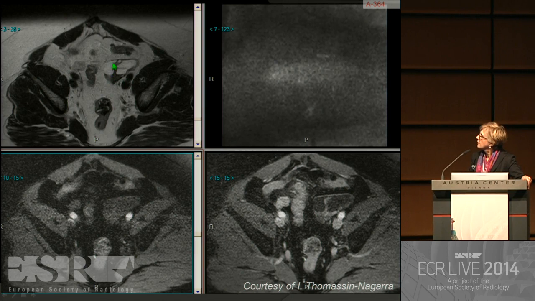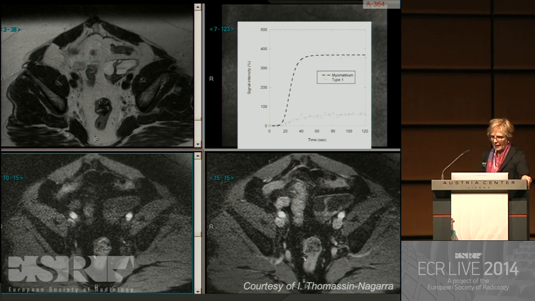It has thick septation. There are some solid elements. And on the dynamic contrast enhancement, we will see that the pattern is a type 1 enhancement with very little enhancement. So this is suggestive of a benign lesion.